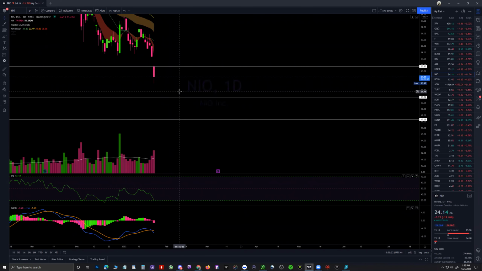The way puts work is you are signing a contract stating that you can sell 100 shares of this stock at this price. That's the difference between a call. With a call, you're saying that you can buy shares at this price.